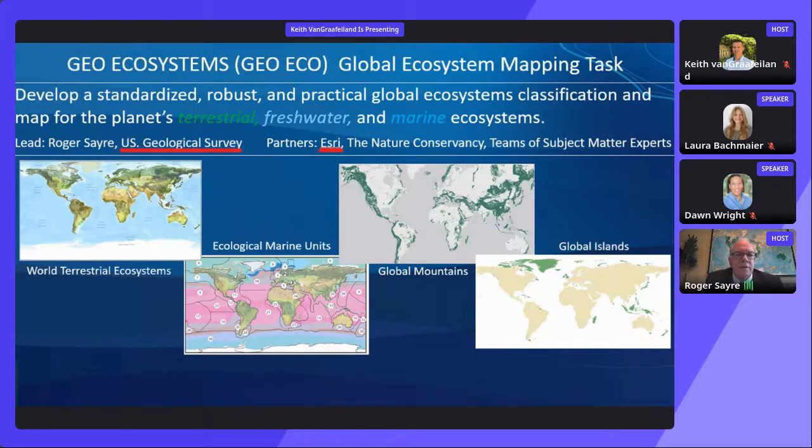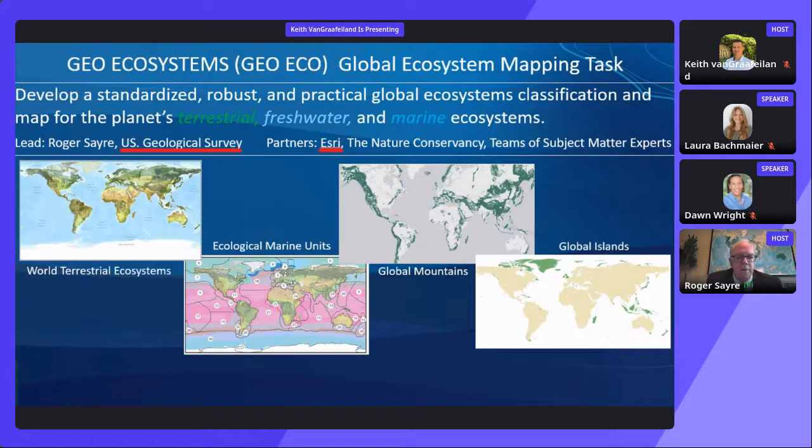And so in this slide, you see 4 examples of data layers that we have produced together under this GEO Commission. On the left, you see some recent work we did with the Nature Conservancy to produce a set of world terrestrial ecosystems.